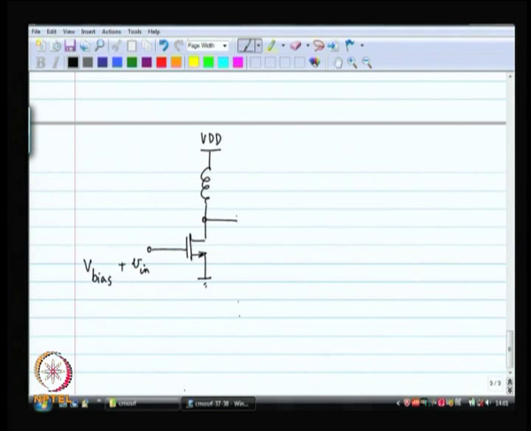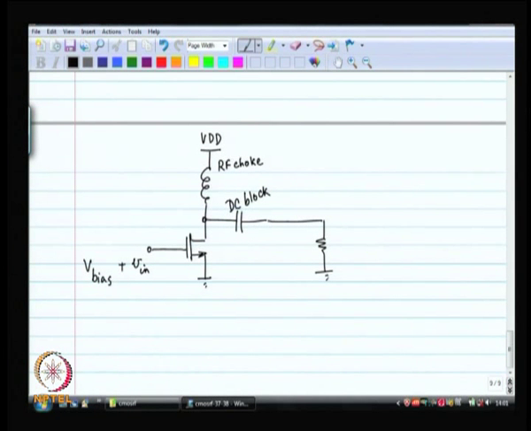And we have a DC blocking capacitor. I am going to call this the RF choke and this the DC block. This capacitor is so big that it does not allow DC to go through, but it allows everything else. And then we have the load.